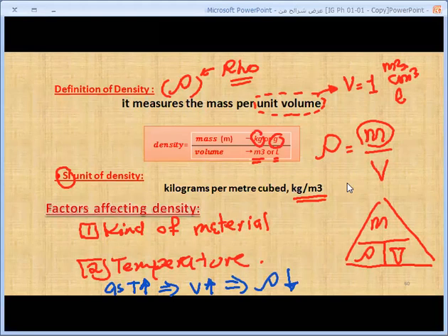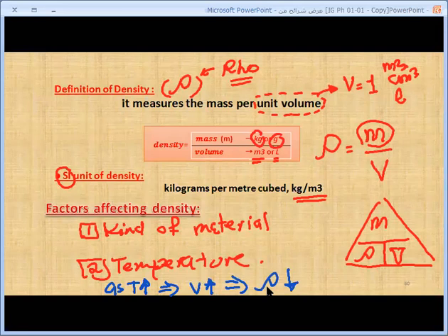Does it affect the volume, Abdelrahman? Yes, because it makes thermal expansion. Okay, so as temperature increases, the volume increases due to the thermal expansion. As the volume increases, the volume here is the numerator or denominator? The denominator. So as the volume increases, the density decreases.